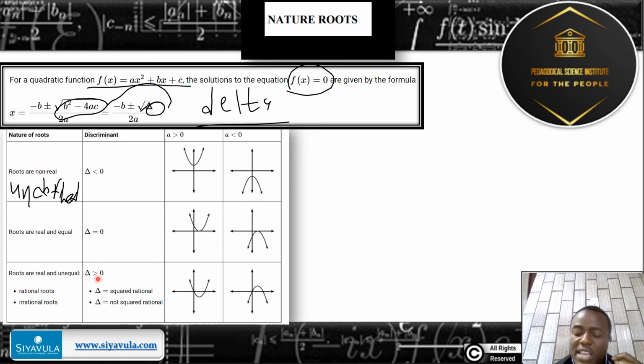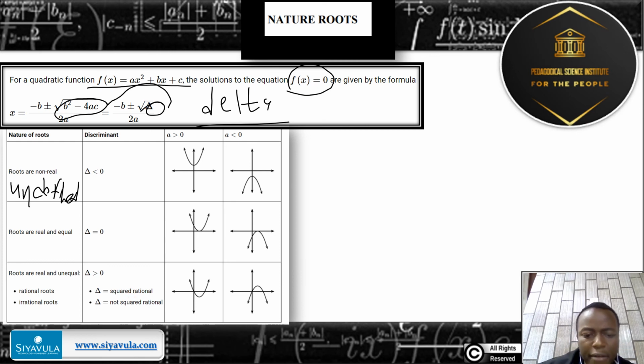So when the roots are real, they can be of 2 kinds. They can be rational roots or they can be irrational roots. Rational roots are when your delta is a squared rational number.